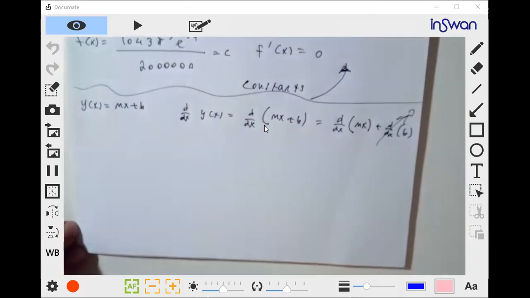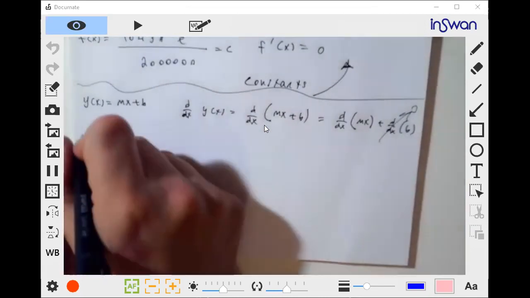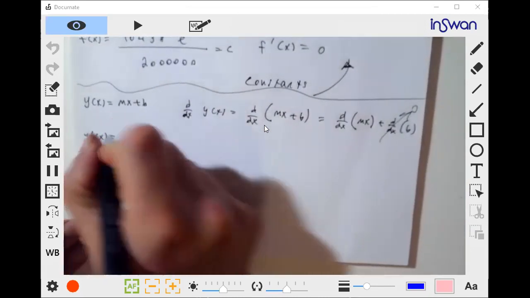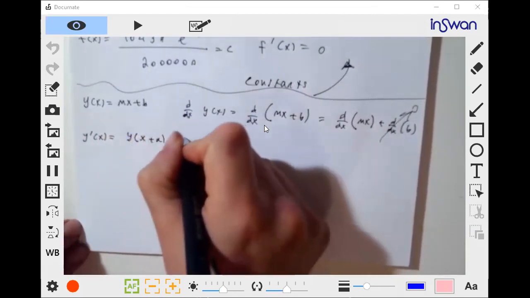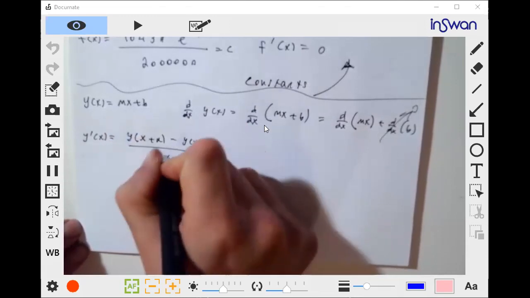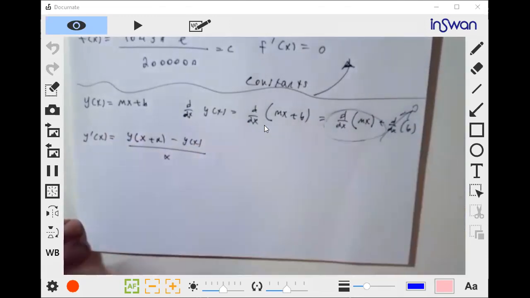Now, how does the derivative behave with that constant out in front? That is the question. So we don't know what's going to happen here. So let's actually find y prime of x by saying that's y of x plus alpha minus y of x all over alpha. Then once we find a general trend, we'll be able to discover what happens here.